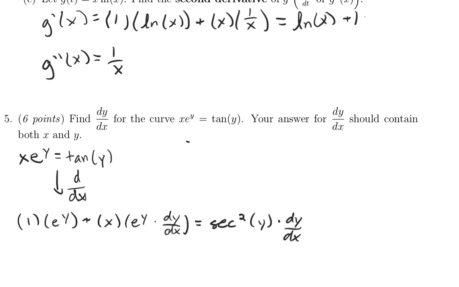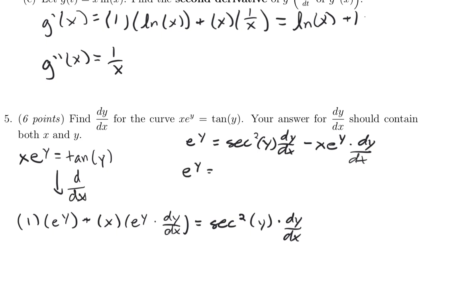So I'm just going to go ahead and rewrite this, and I'm going to subtract over this x e to the y term. So I have e to the y equals secant squared y dy dx minus x e to the y times dy dx. Okay, so now since both of those terms on the right have it in common, I can factor it out.